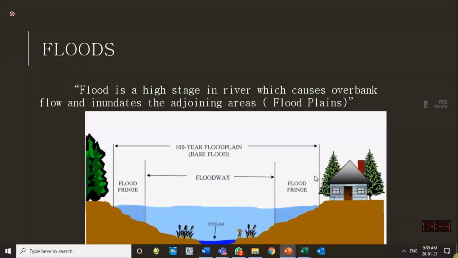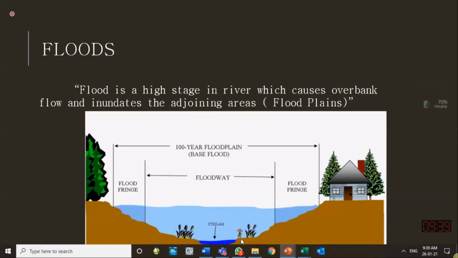Flood is a special kind of flow. When flow levels exceed the capacity of the main channel, then we say flow is converted into flood. So flood is nothing but a high stage in the river. Stage means water level in the channel. So it is a high stage in the river which causes overbank flow.